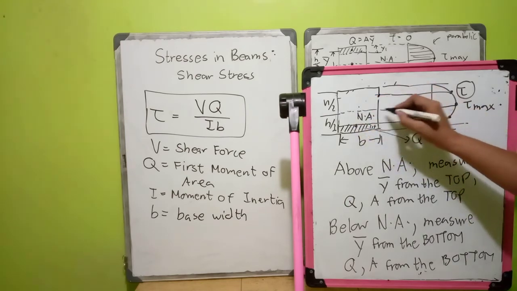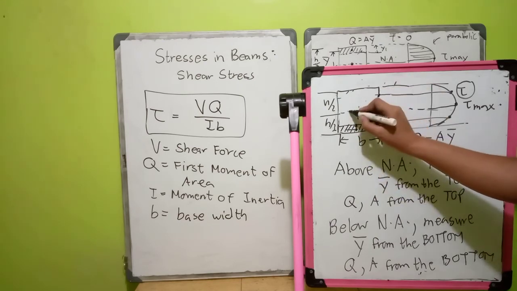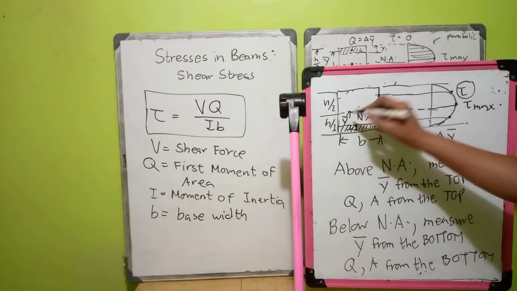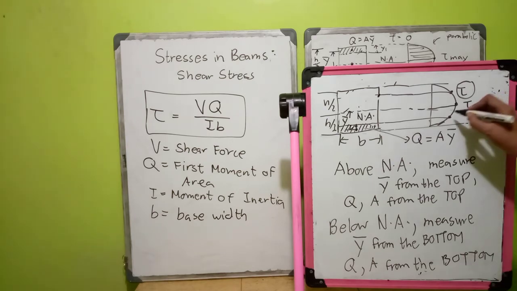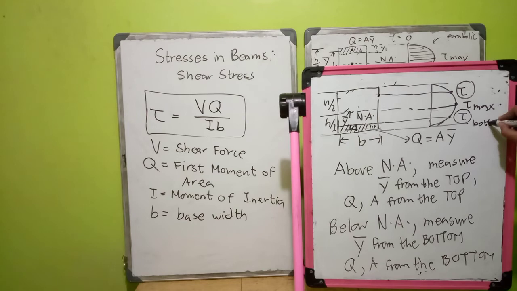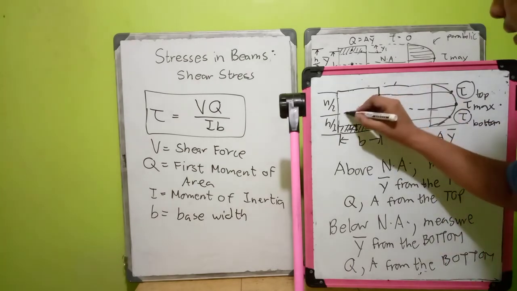And your Y bar is measured from the centroid of that area to the neutral axis. So your Y bar, you will measure now from the bottom. That is if the point you are referring to is located at the bottom. So that is how you compute your shear stress at any point on your beam.